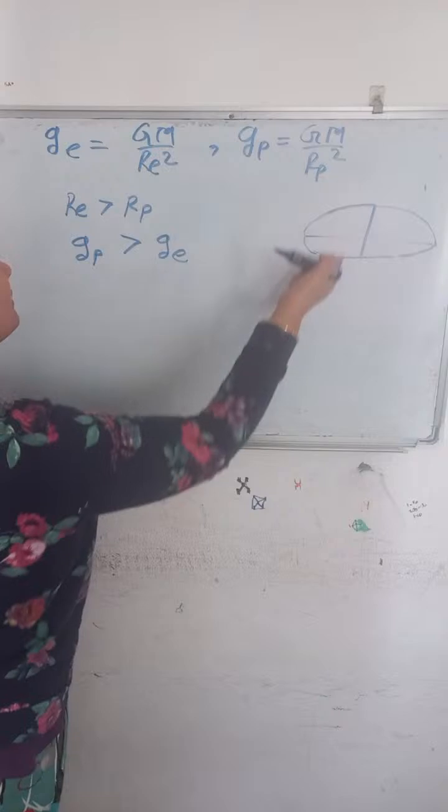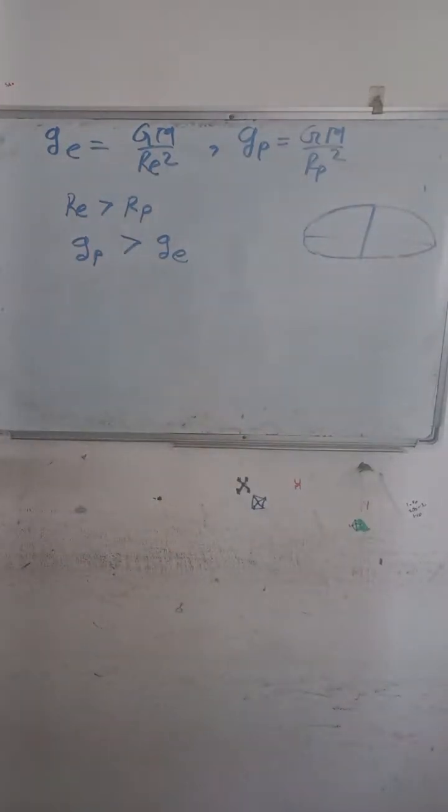Another reason is the minor axis. So gravity is always greater at the pole. Getting this point? Note this down or take a screenshot. Sometimes they will ask this question as an MCQ.